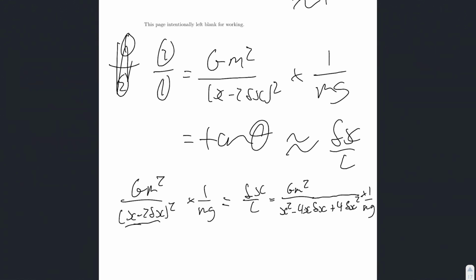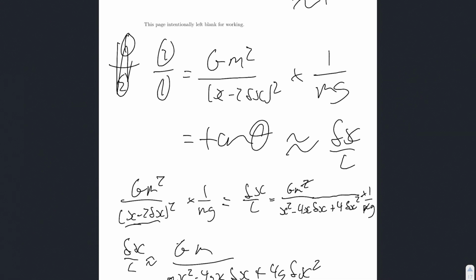Okay, that's that. Now what we have to do is multiply through by the g. So delta x over L roughly equals, and then this cancels with this here, so we have G m over g times x squared minus 4x delta x plus 4 delta x squared.